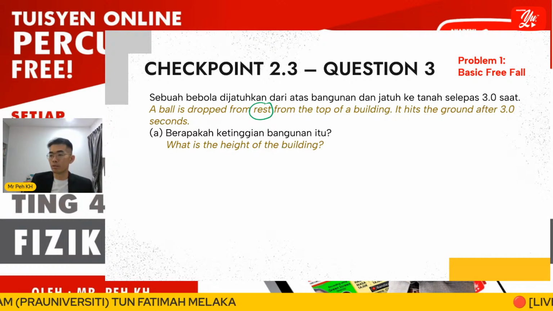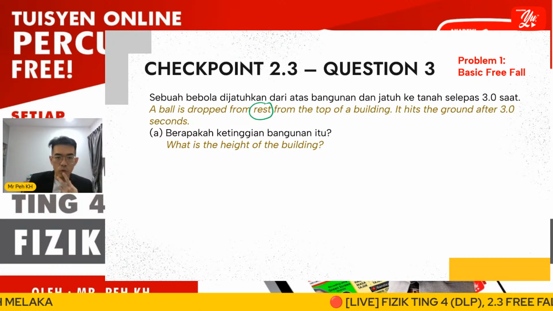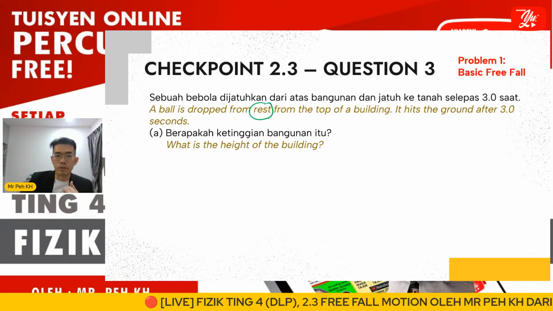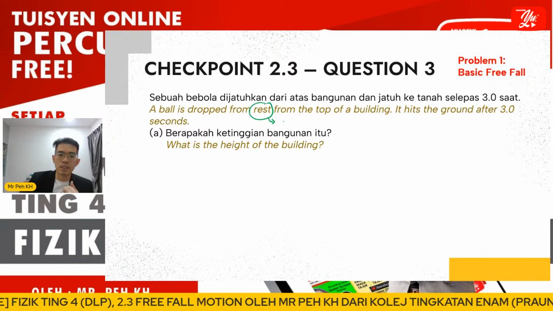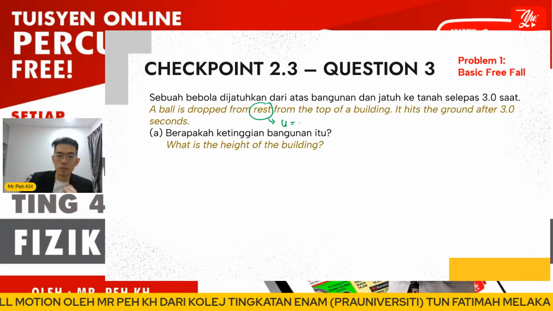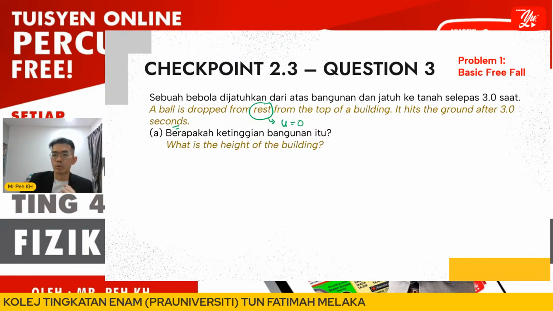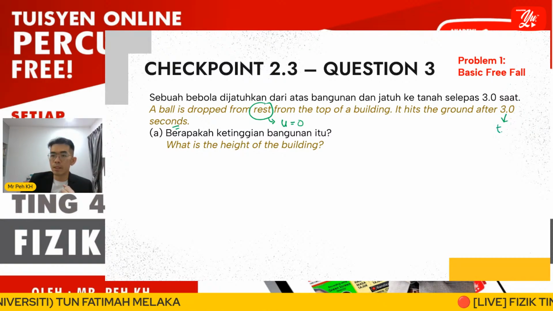Okay, so here you can use symbols for the values given in the question. For example, the ball is dropped from rest, that means the initial velocity u is 0. And the time to hit the ground is t equal to 3.0 seconds.